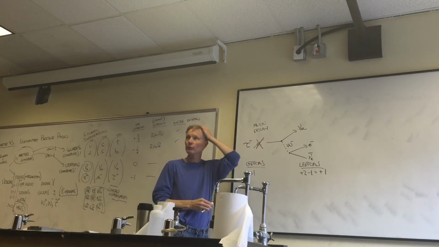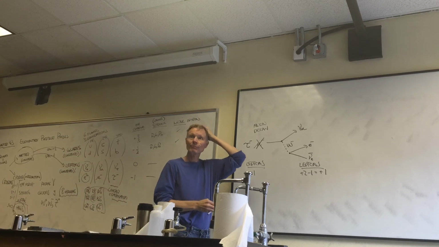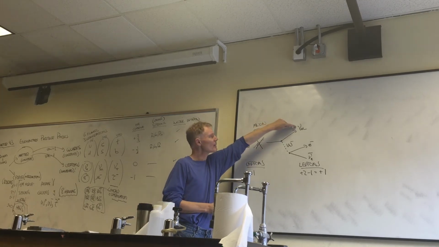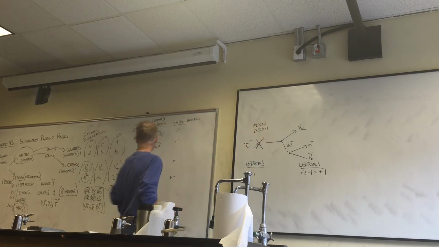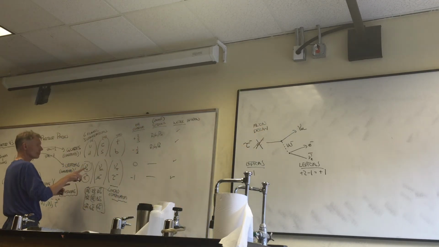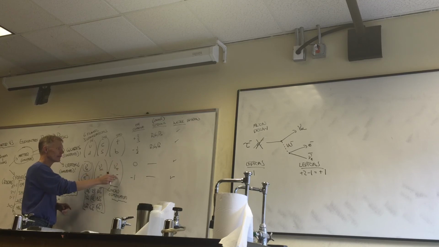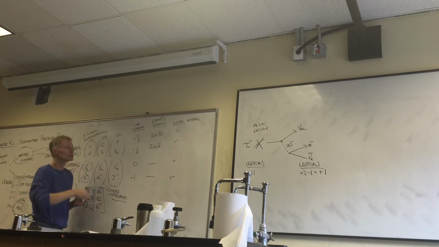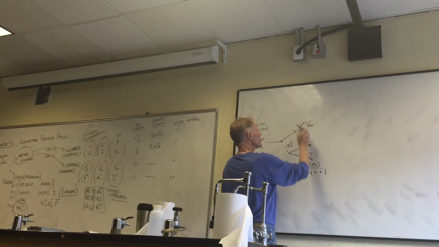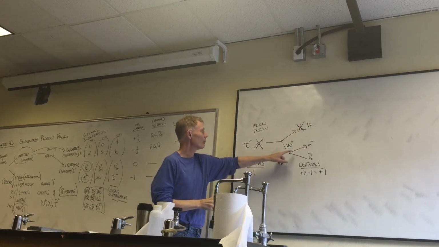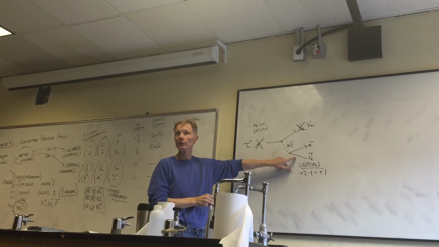What's going to change on the other side? Well, this is probably not going to be a muon neutrino anymore. What's it going to be? It's going to be a tau neutrino, because the most likely decay would be to stay within a generation. This is certainly one of the possibilities.